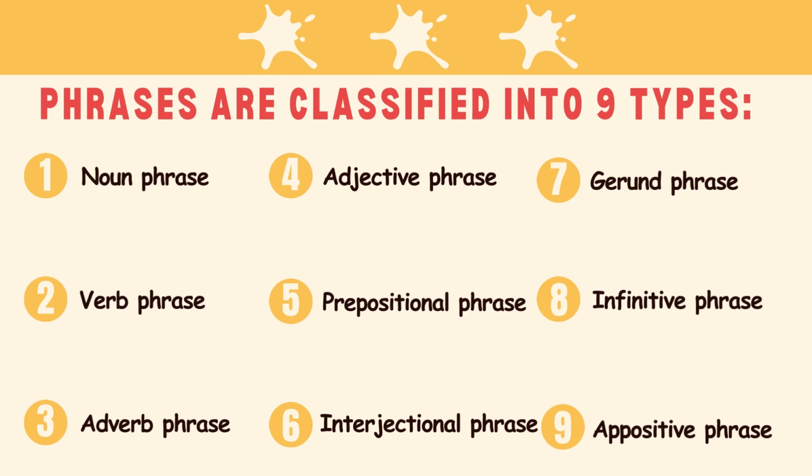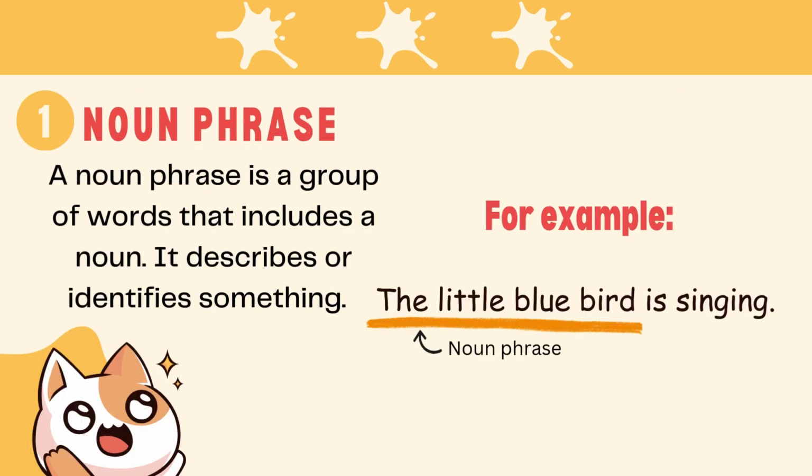Basically, phrases are classified into 9 types: noun phrase, verb phrase, adverb phrase, adjective phrase, prepositional phrase, interjectional phrase, gerund phrase, infinitive phrase, and appositive phrase. Come with me to explore what each type means.